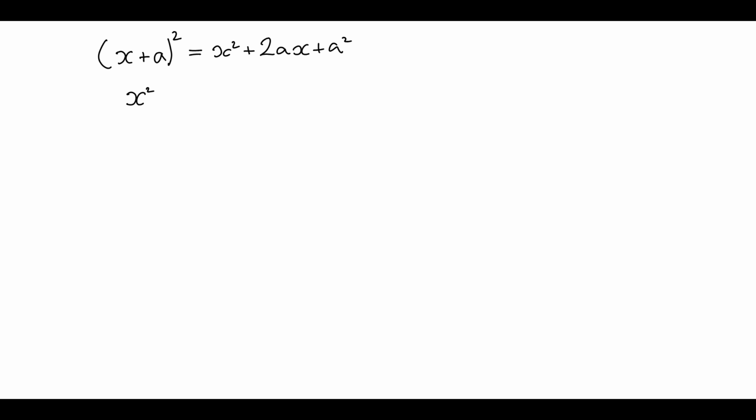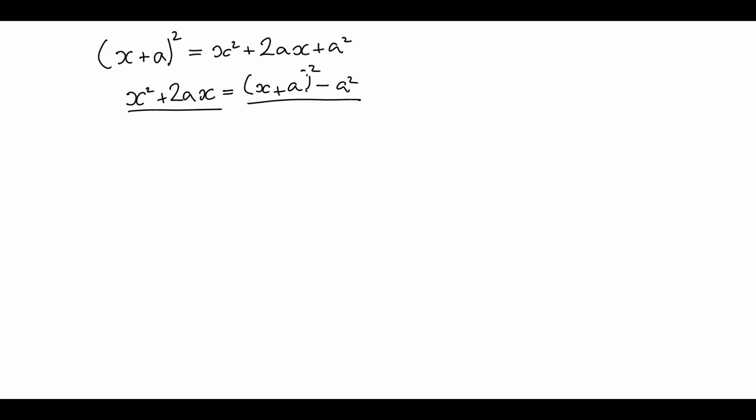So we've got x squared plus 2ax equals x plus a squared minus a squared. Okay, so this is the basic pattern we're looking for in our equation.